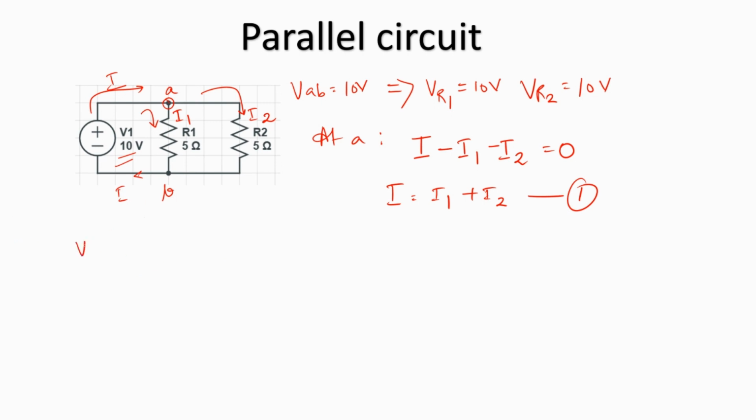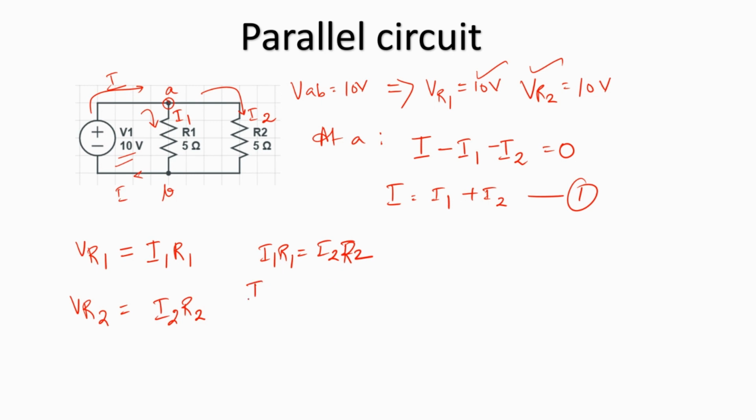Now, if I look at VR1, that is the voltage across R1, by Ohm's law, we know that VR1 is going to be equal to I1, the current flowing through the resistor R1, into the value of the resistance R1. So I1 R1 is VR1. Similarly, VR2 is nothing but I2 R2. Now, since VR1 and VR2 are both equal to 10 volts in this case, I can say I1 R1 is equal to I2 R2.